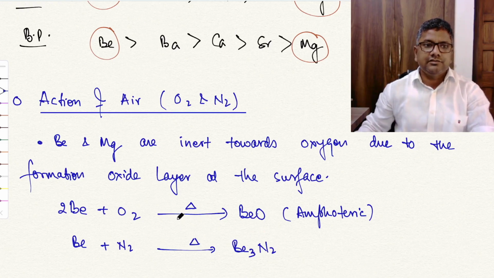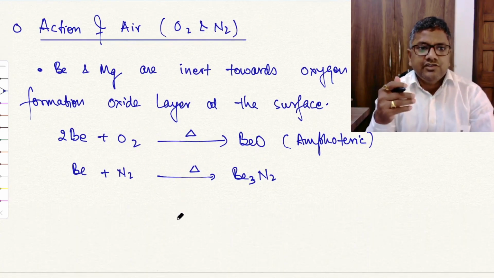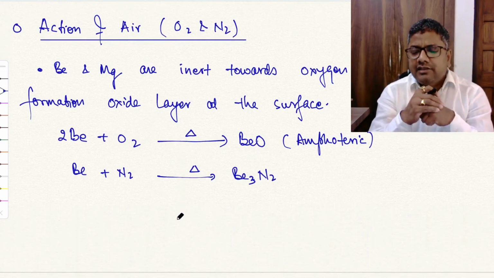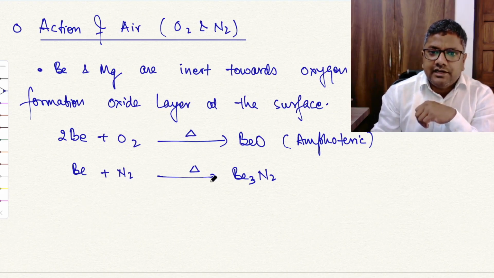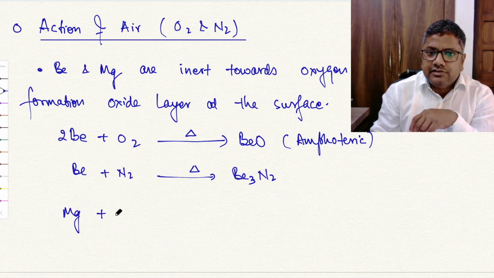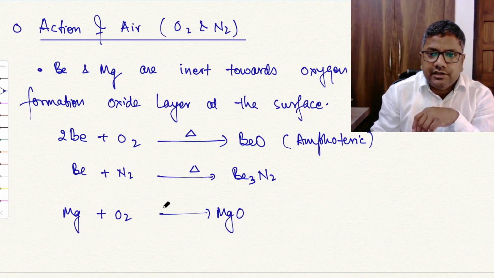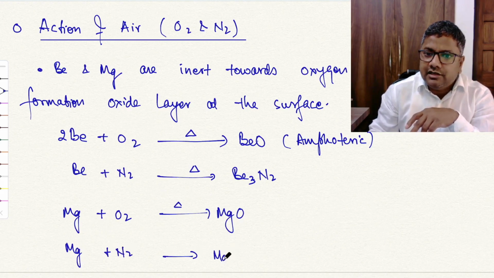And if you take beryllium plus nitrogen, on heating you will have Be3N2, right? Magnesium, in a similar way, also forms the oxide and nitride. Magnesium plus O2 gives MgO, right? Heat is required, and magnesium ribbon burns in nitrogen brilliantly, giving Mg3N2, right?